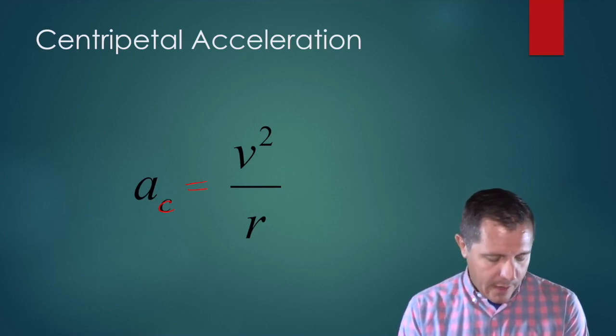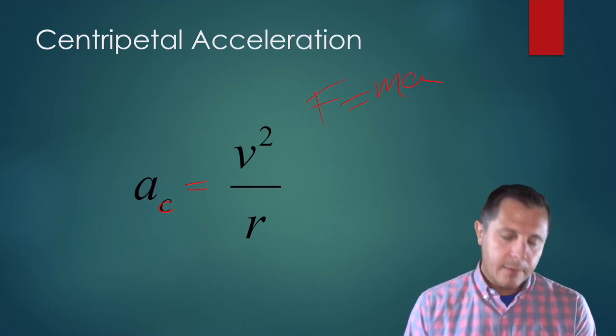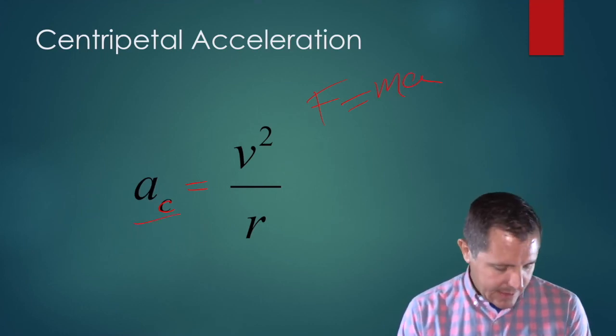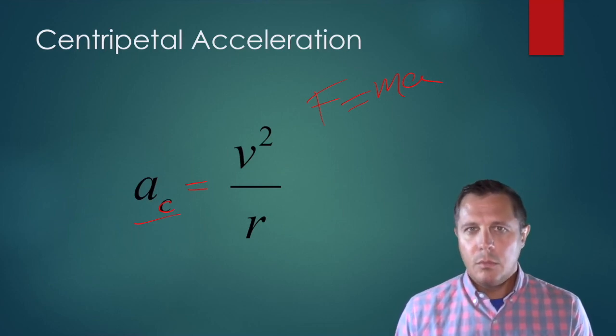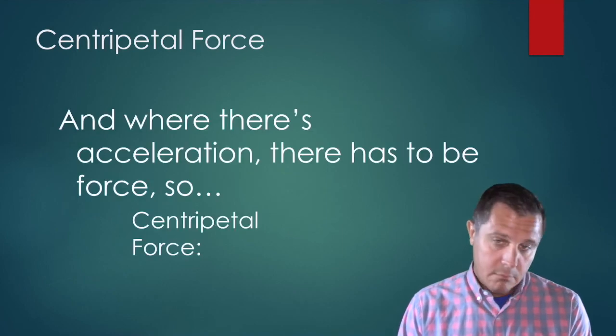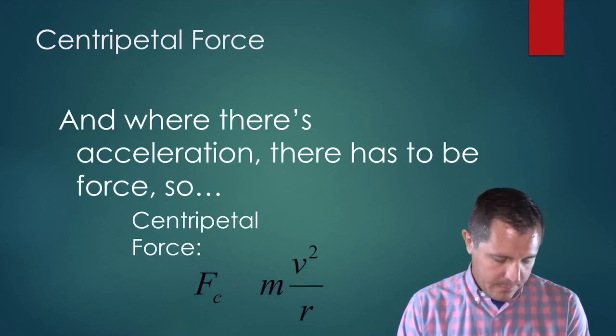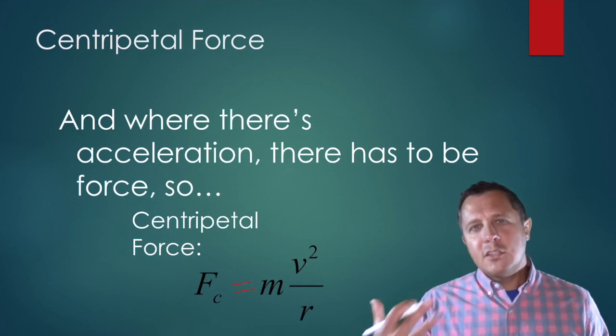We already know that force, F equals ma. So if we want to take this acceleration and turn it into centripetal force, all we have to do is put an m in front of it, like that.